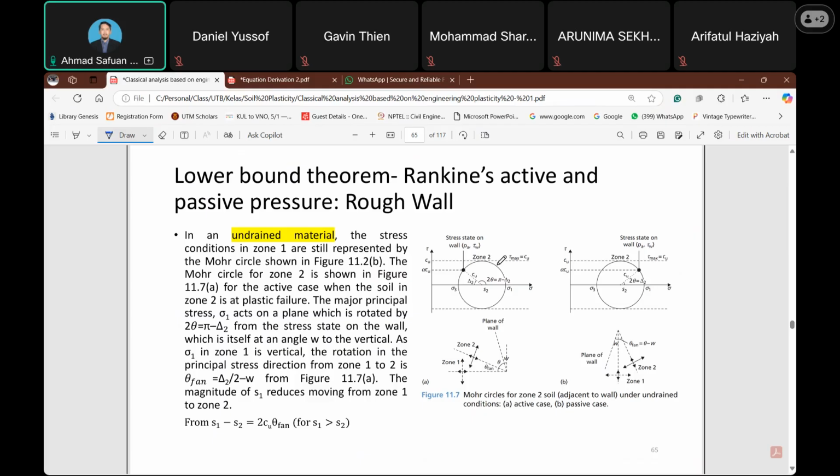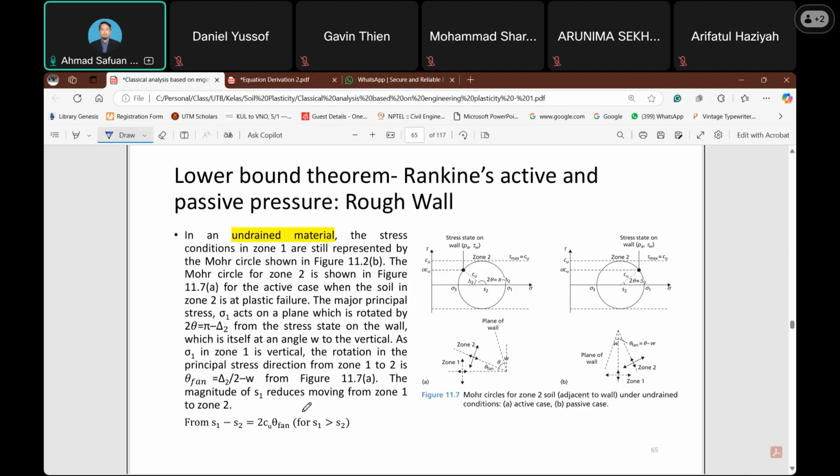As sigma 1 in zone 1 is vertical, the rotation in the principal stress directions from zone 1 to 2 is theta fan equal to delta 2 over 2 minus W. From figure 11.17, the magnitude of S1 reduced moving from zone 1 to zone 2.